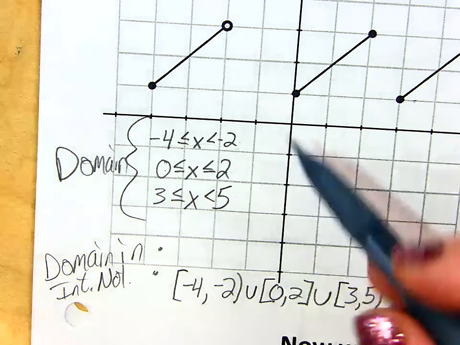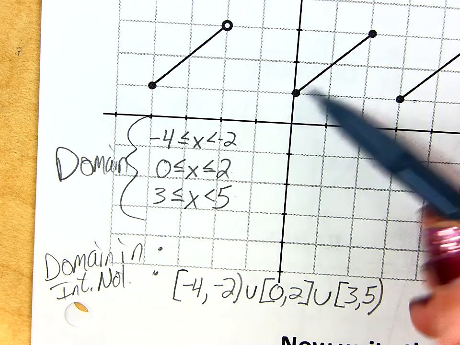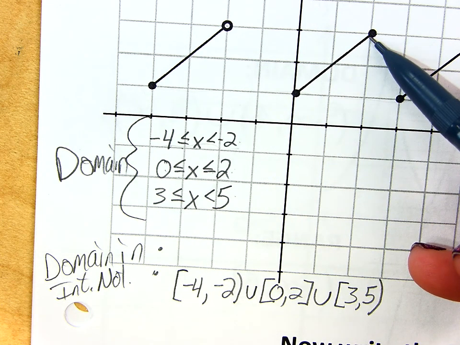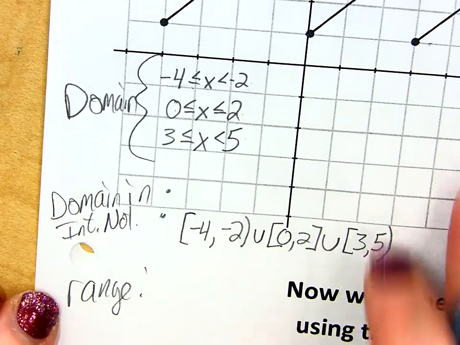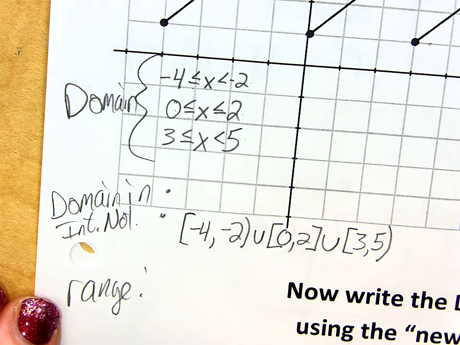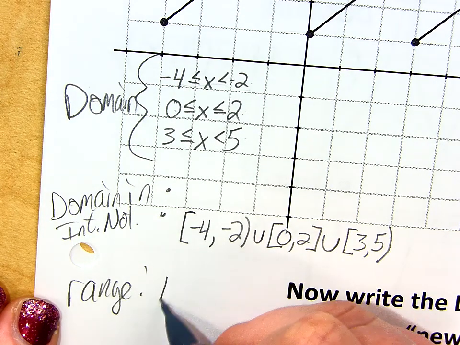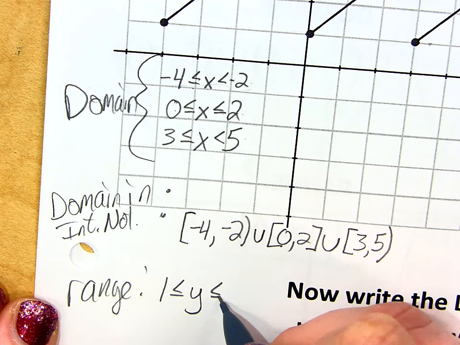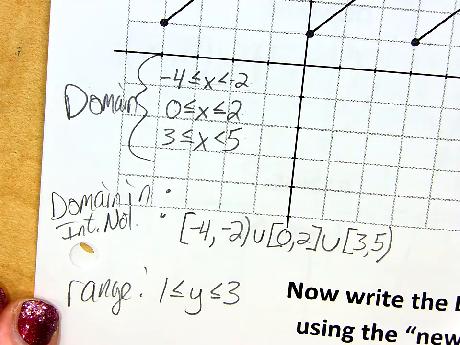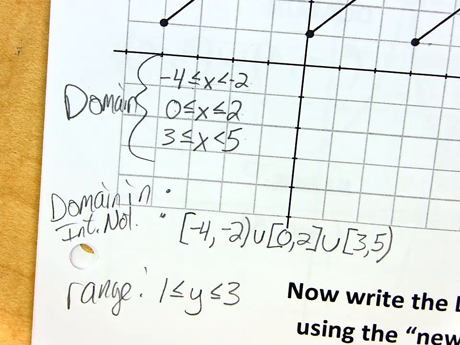So I know that I need to start at positive 1, and I need to get all the way up to 3. Okay? So for my range, in the old notation, we would say that y now has to be greater than or equal to 1 and less than or equal to 3, right? That would be our old notation. I'm going from in between 1 and 3.